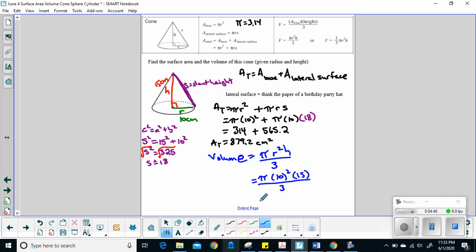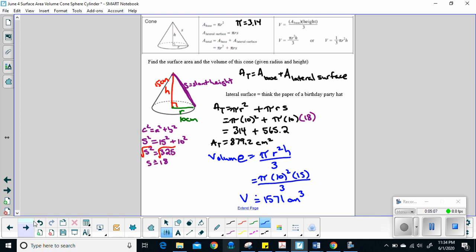All of that's divided by 3. So what do I get? Pi times 100 times 15, all divided by 3 is 1570. Let's round that to 1571. And because it's volume, it's cubed, because it's 3 dimensions. Squared for 2-dimensional area, cubed for 3-dimensional volume.